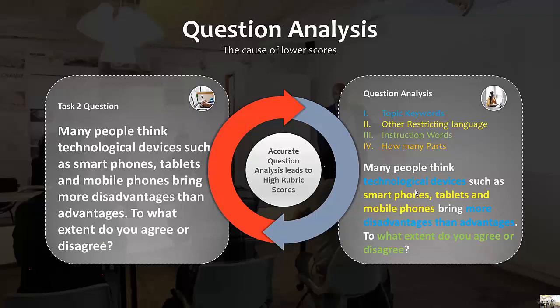So for example, if somebody says the internet has been around for the past 25 or 30 years. Since that time, many people have become addicted to video channels such as YouTube. Do you agree or disagree that there should be some restrictions on channels such as YouTube?